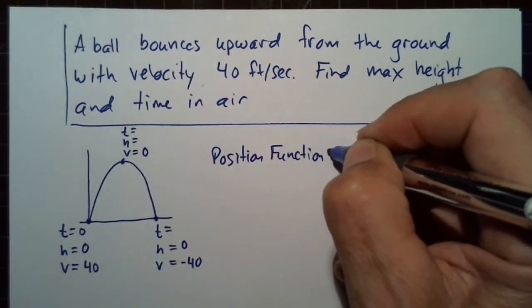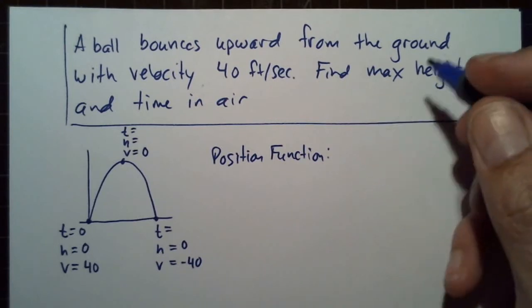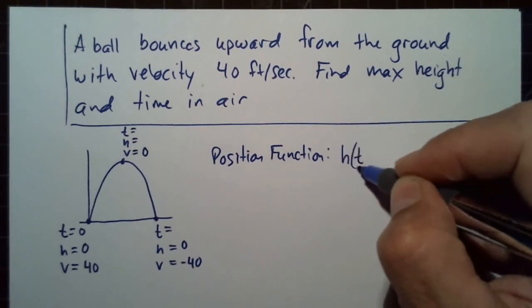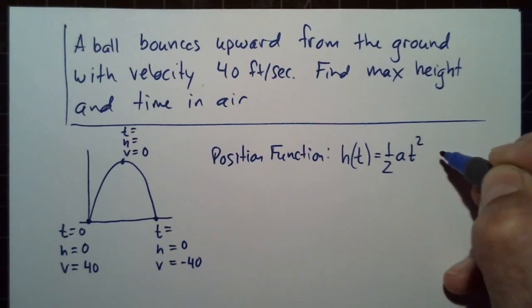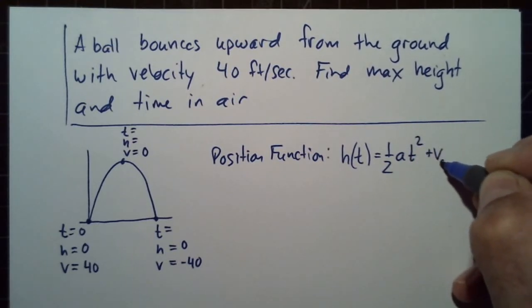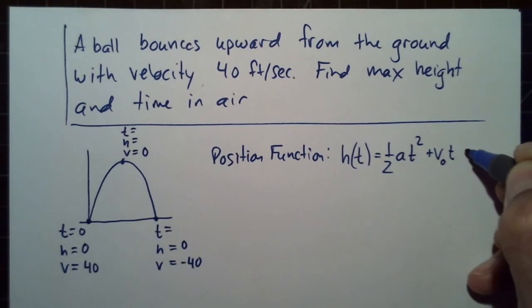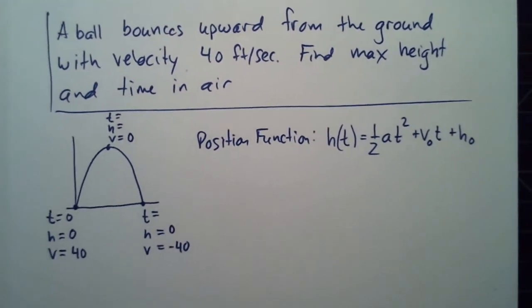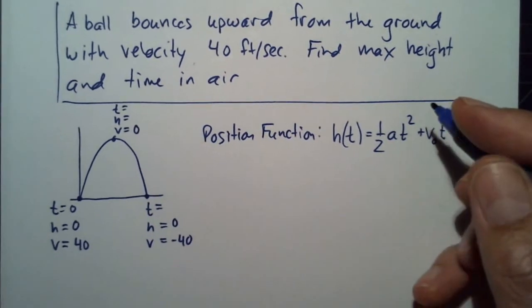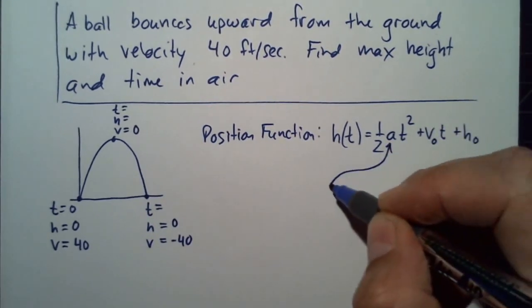Position function. Here we have a formula. The height is equal to 1/2 at squared plus v naught t plus h naught. All right, acceleration.